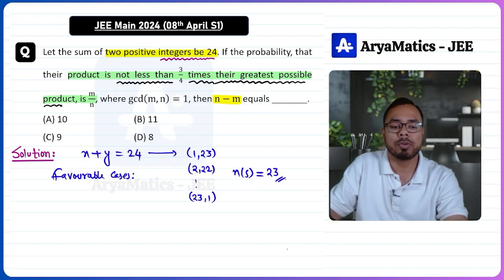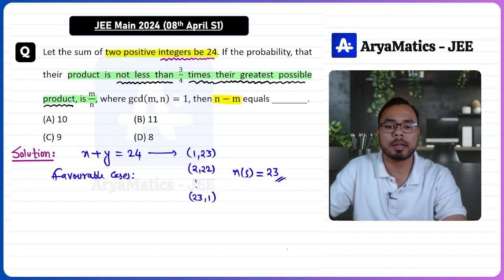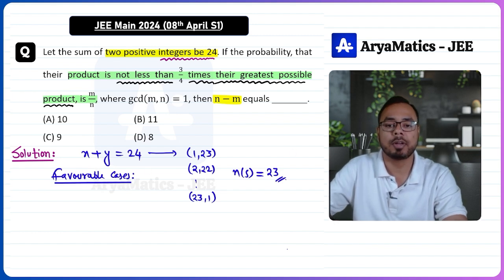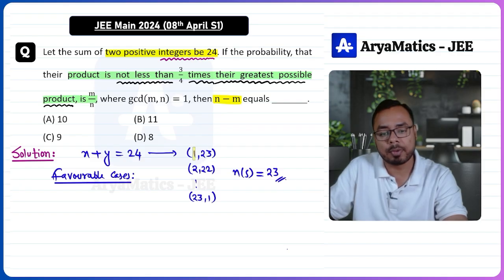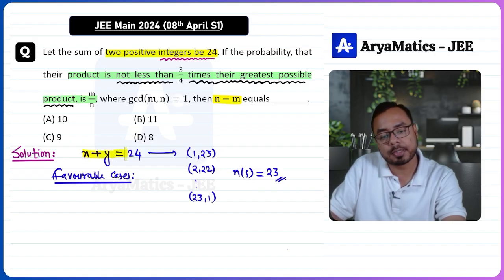Now we know that if we have two positive numbers and their sum is constant, then their product is maximum when the two numbers are equal. For example, there are different ways in which you can create 24 here. One possibility is 1 and 23. If you multiply these two numbers, you'll get 23. When you multiply 22 and 2, you get 44. So in this manner, the product will be maximum if you make the two numbers equal.